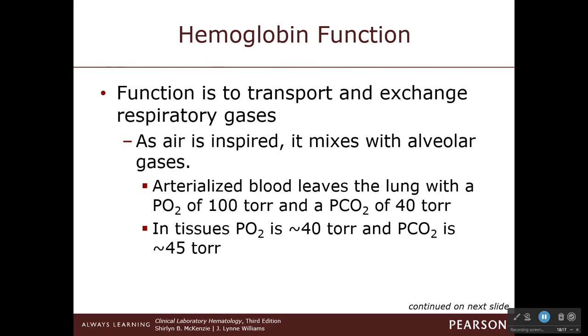Does that make sense? Okay? So that's not a good thing for my body, because yes, I may be getting it saturated really, really quick, but I'm also not turning it loose really, really quick. So I'm holding on to it, so therefore CO2 is going to build up in my tissue. Okay? All right, any questions about this?